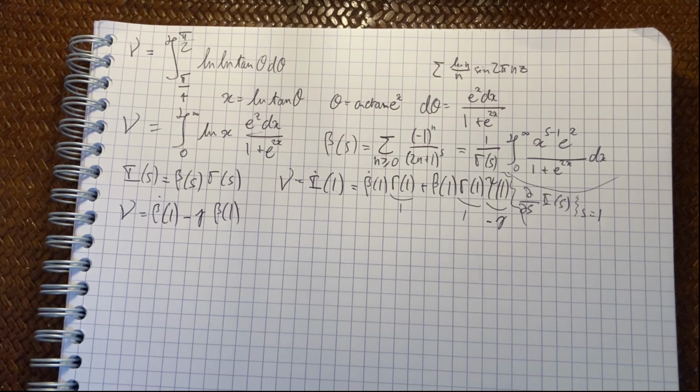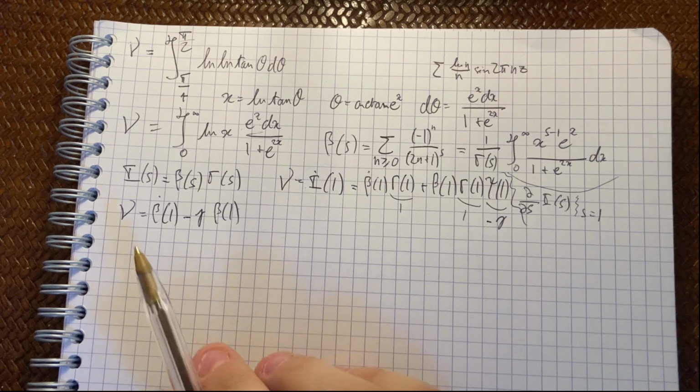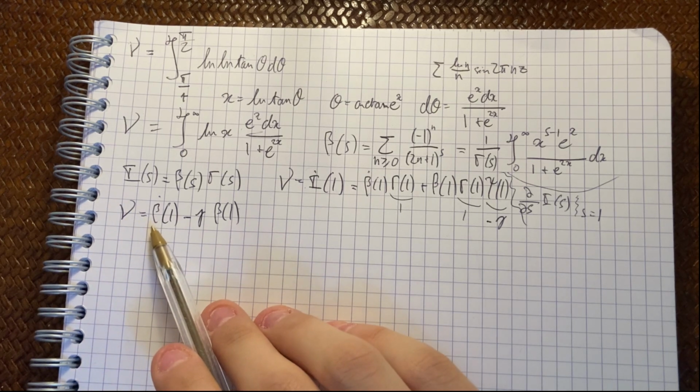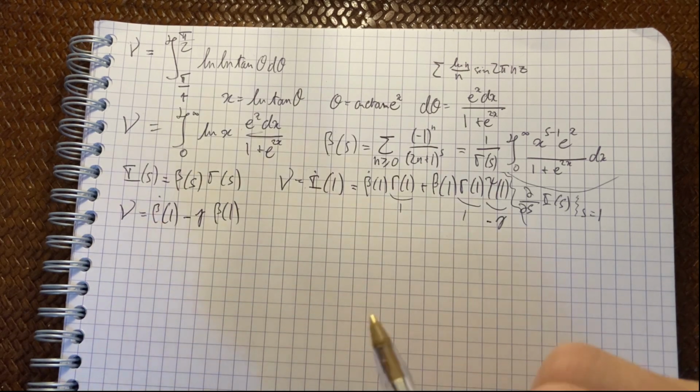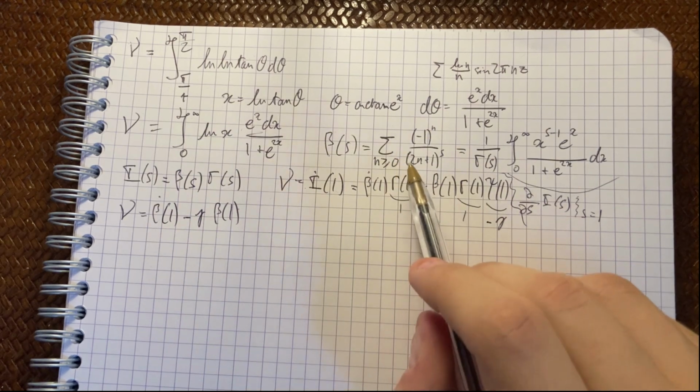And our goal is now to express beta of 1 and beta dot of 1, which is not quite easy, but still doable. How do we do this? We first express beta in terms of another function, the Hurwitz zeta function. How do we do this? We start from our expansion here.